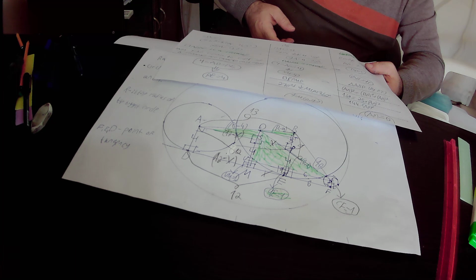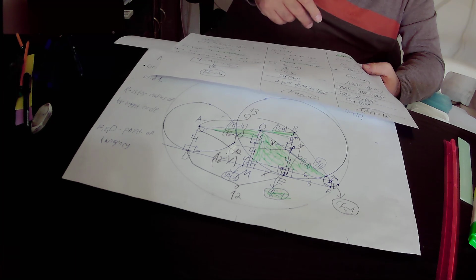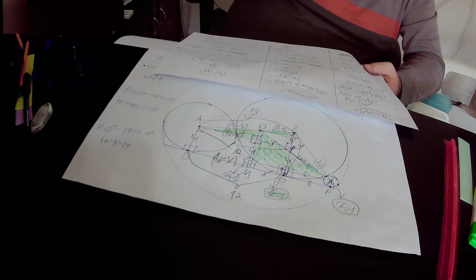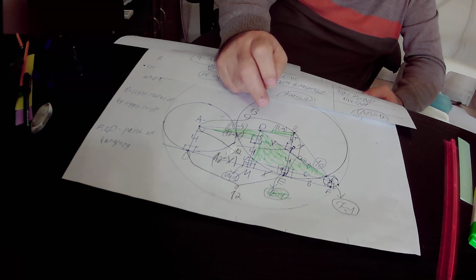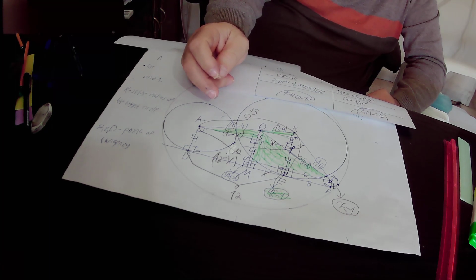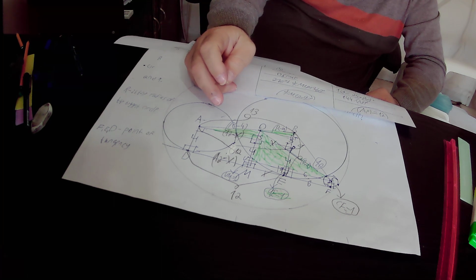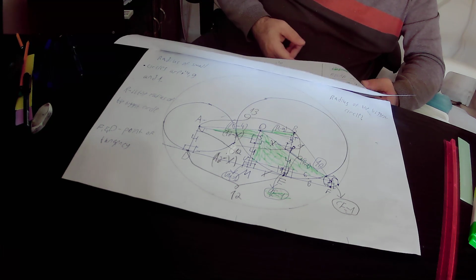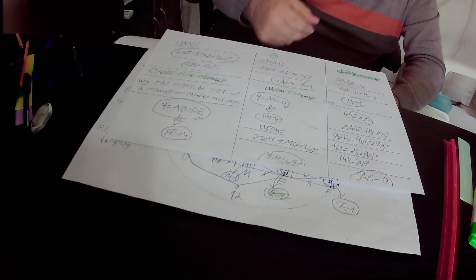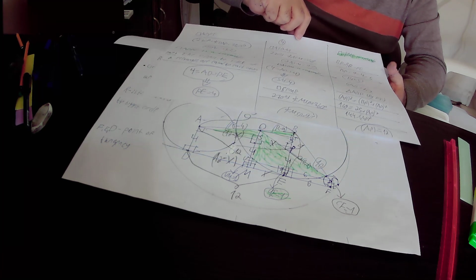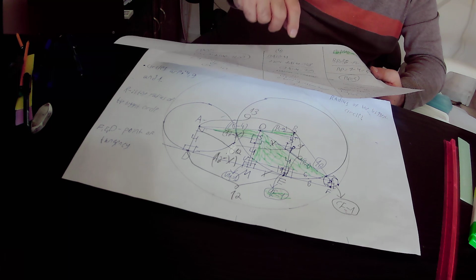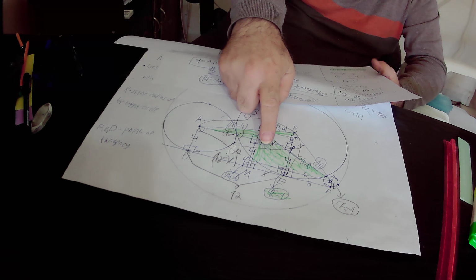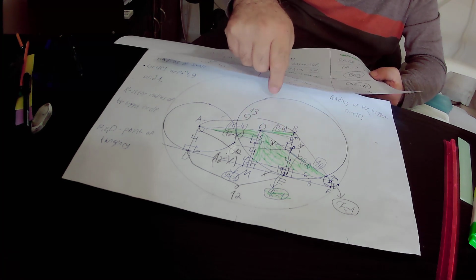Here, quadrilateral SPME has three right angles. Actually, here we have 1, 2, 3 right angles, and the sum of three right angles is 270 degrees, so 270 degrees plus angle MSP, this angle, in total the sum of those four angles must be equal to 360 degrees in quadrilateral SPME.